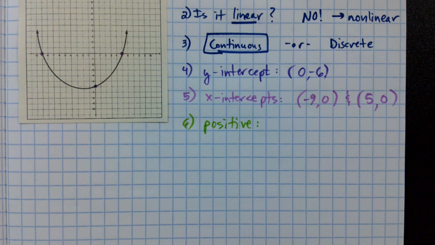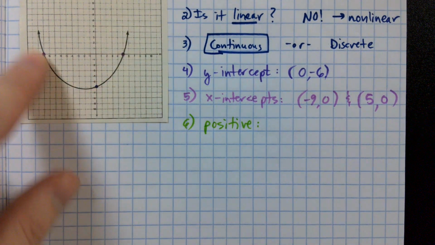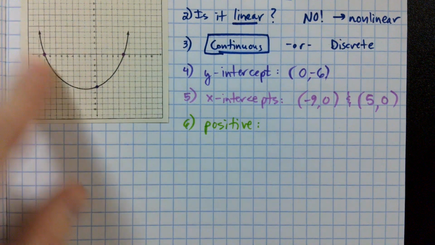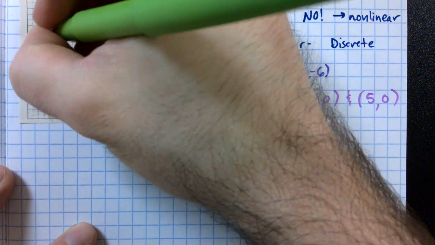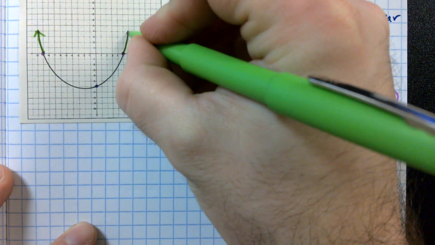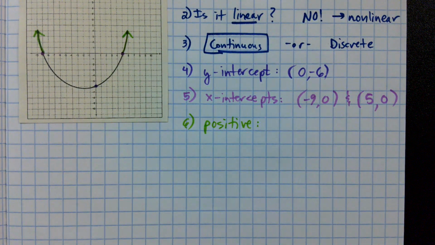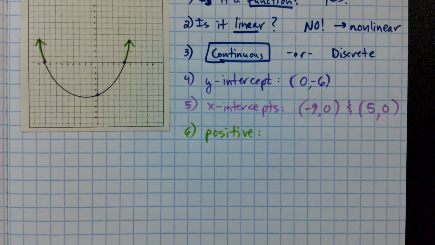Just even before we get to the interval, just looking at this little function, what part of my function is above the x-axis? The two endpoints, right? Yes. This little guy right here, and this little guy right here.